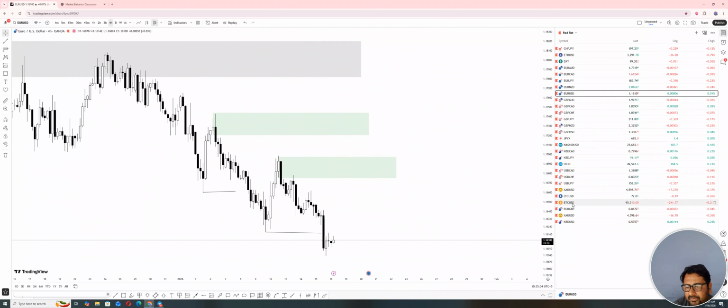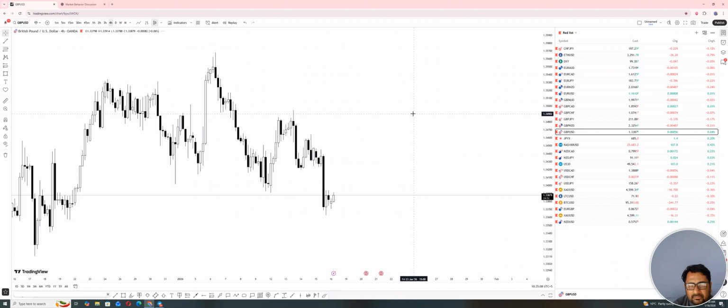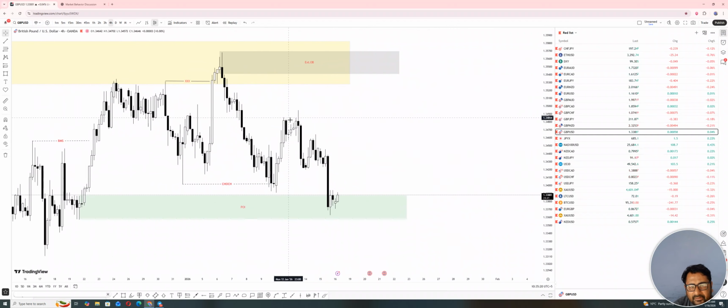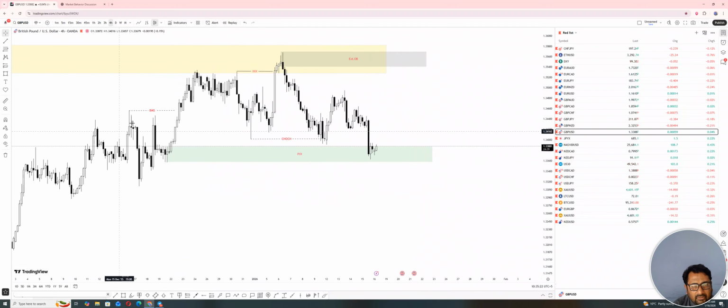And we have GBP USD. You can see that now we have a change of character, okay. And the market did not retest this order block on this trade. For this reason we are not taking the trade. Now we have a bullish break of structure, okay.